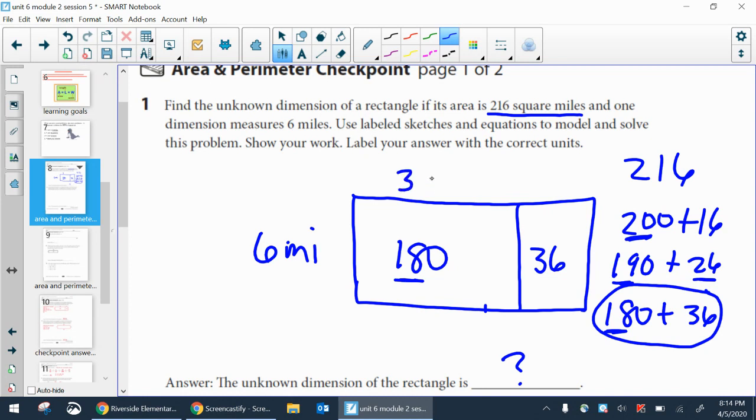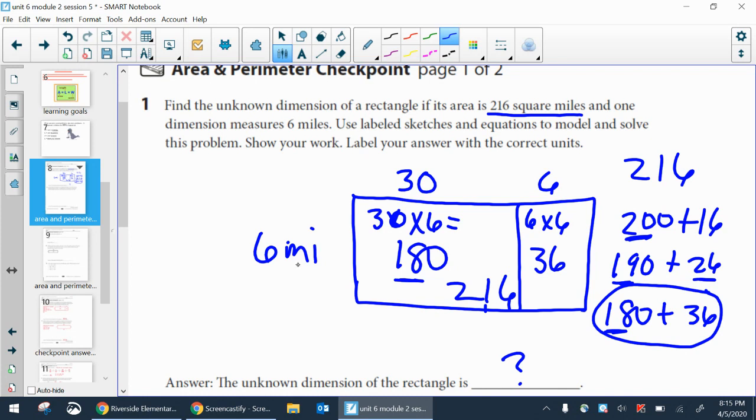Then I have my 0, so for the 30. So 30 times 6 is 180. And then here, 36 divided by 6 is 6, or 6 times 6 is 36. And all together, I have my 216 square miles.